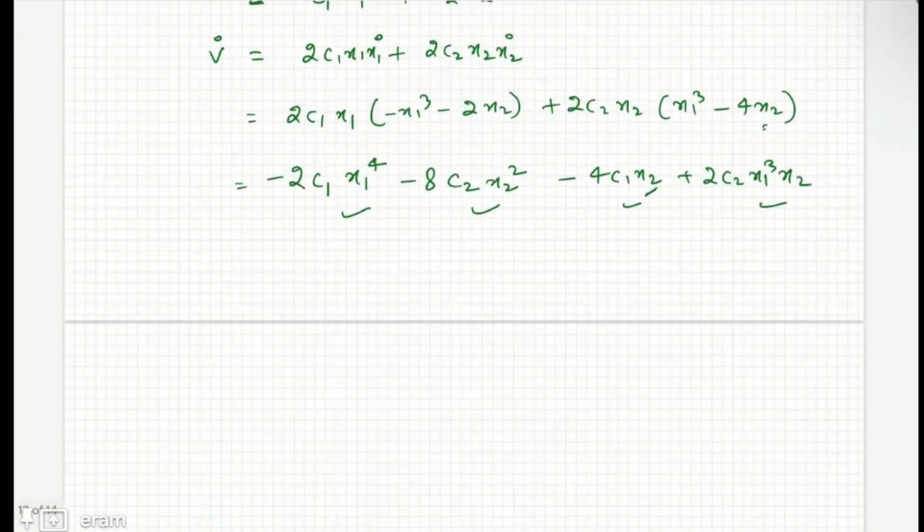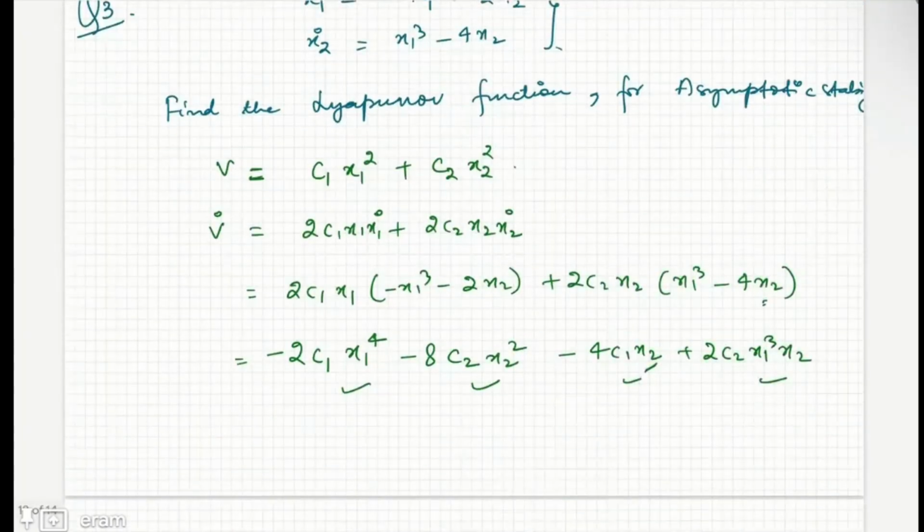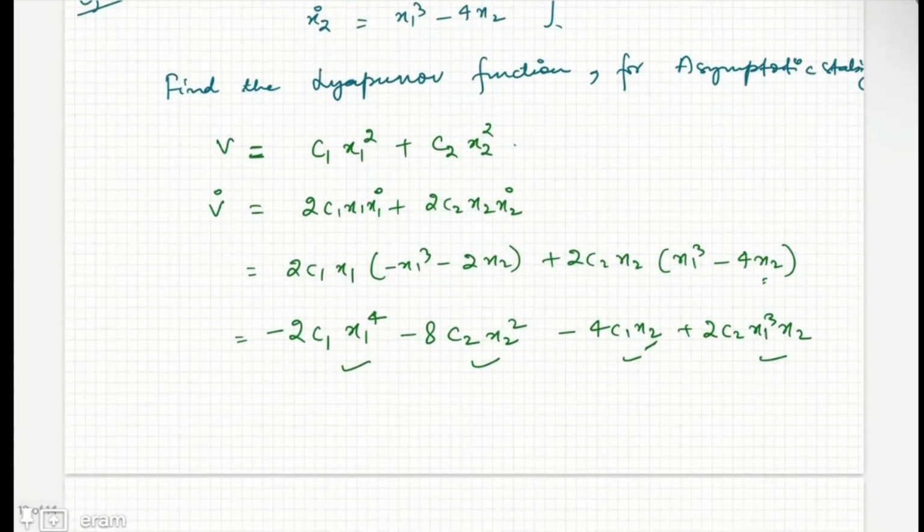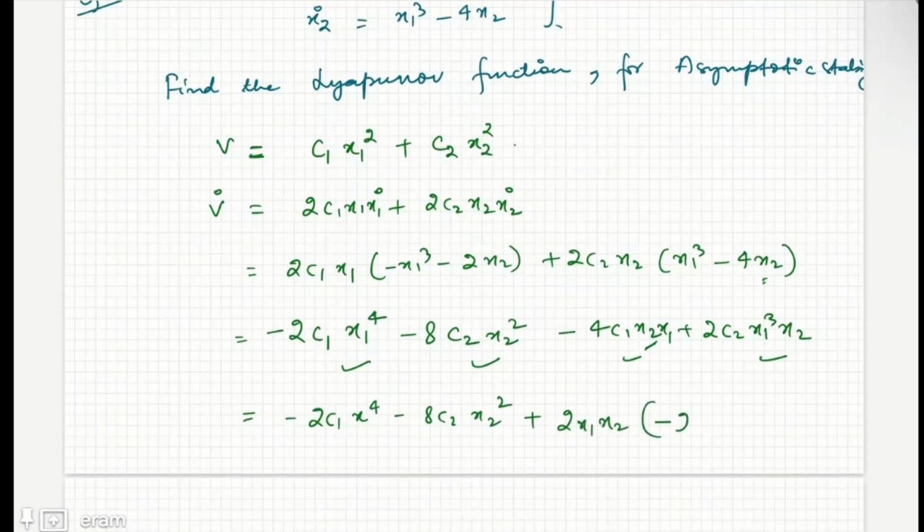But since this should be negative definite, what we can do is consider x1 x2 as common, so this will give us minus 2 c1 plus c2 x1 square.